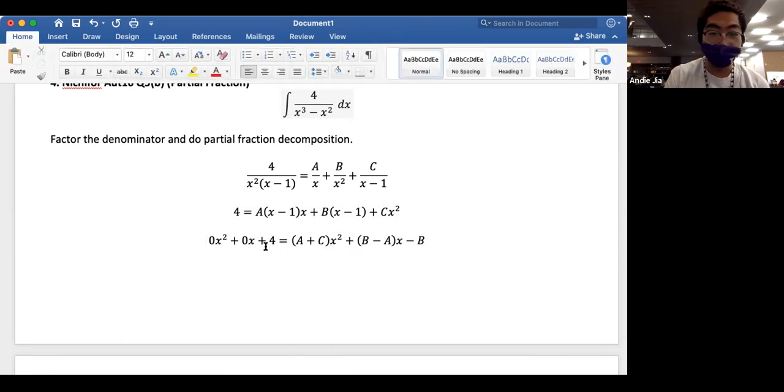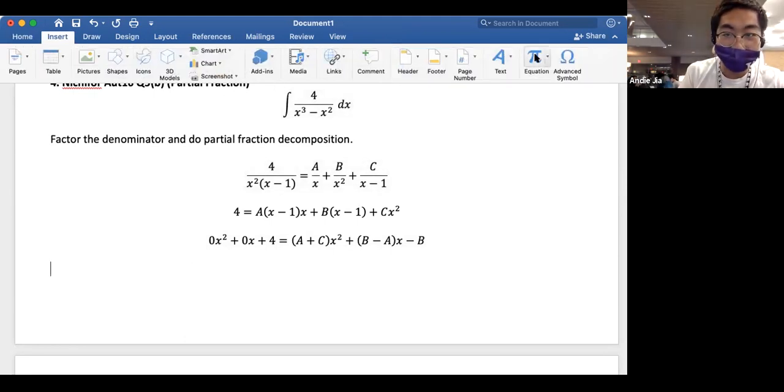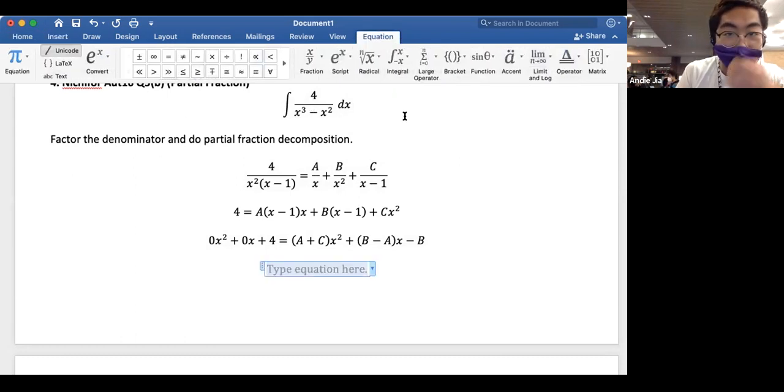I just got this, so let me make sure I'm right. So b is -4, a is -4, c is 4. So for this, the whole mess is turned into this.